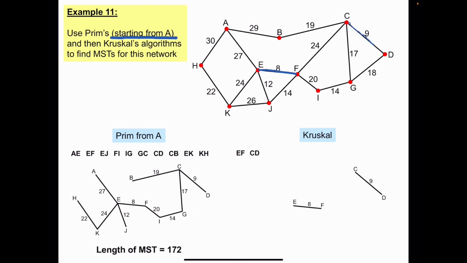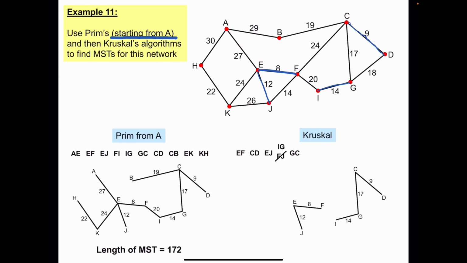Then the next bigger number is 12, so EJ. Then the next one, I have two 14s. I cannot add JF because that would create a cycle, but I can connect IG because there is no cycle.